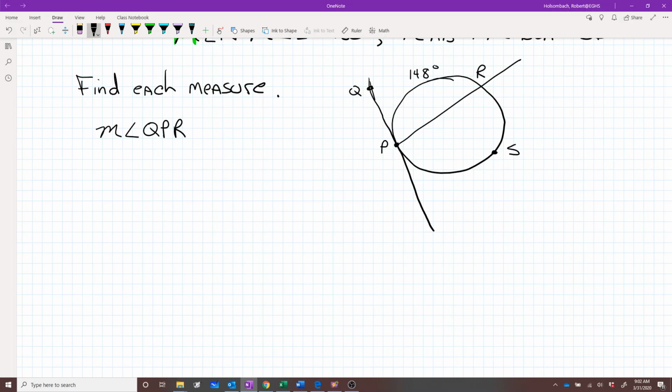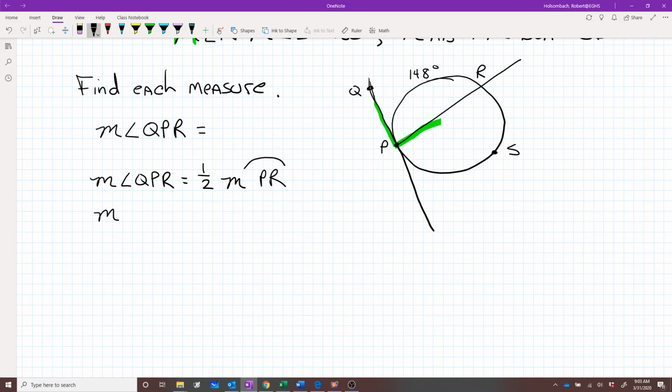The measure of angle QPR, well, here's angle QPR. Just as the rule says, the measure of angle QPR is going to be equal to 1/2 the measure of arc PR, or 148. So now we can just substitute.